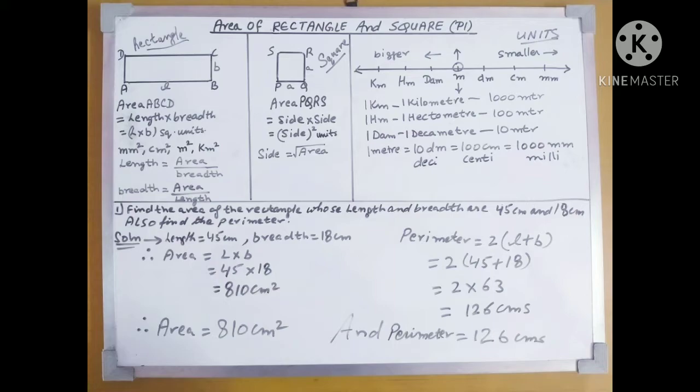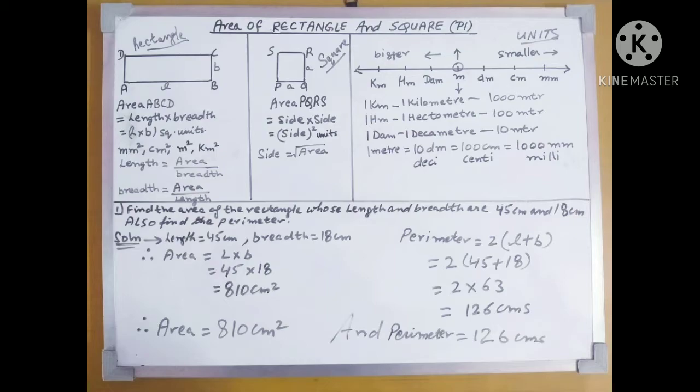Please remember this always, right? So here we are already given length is equal to 45 centimeter, breadth is equal to 18 centimeter. So they have the same units. Therefore we will write area is equal to length into breadth, that is 45 into 18, which comes out to be 810 centimeters square. So area required is 810 centimeter square.